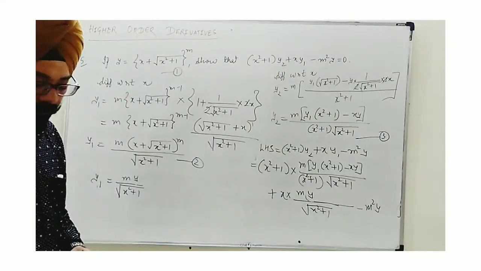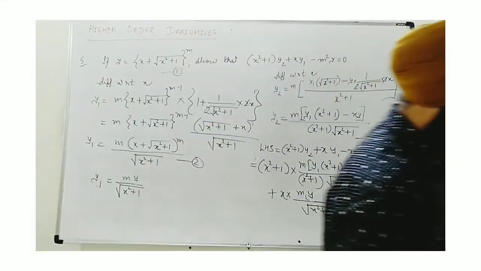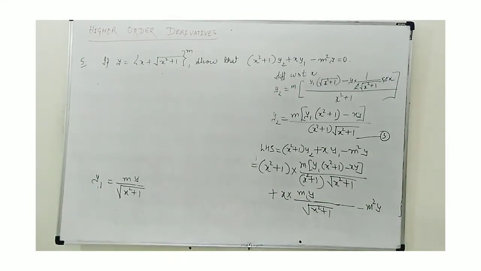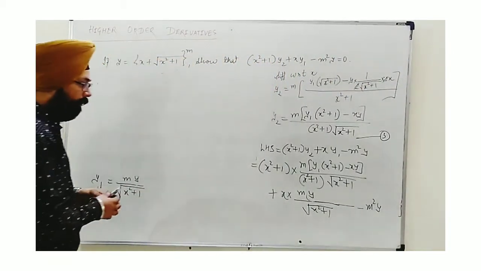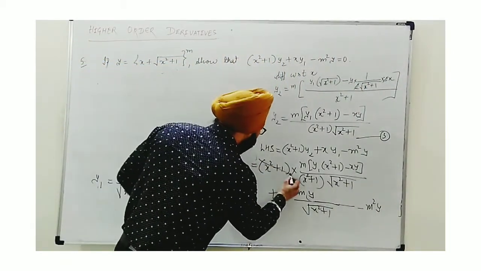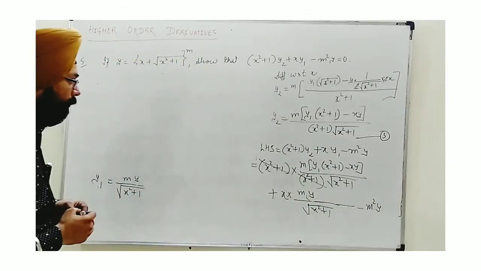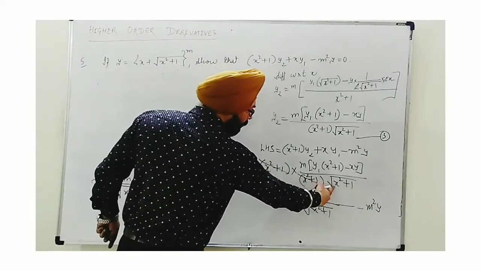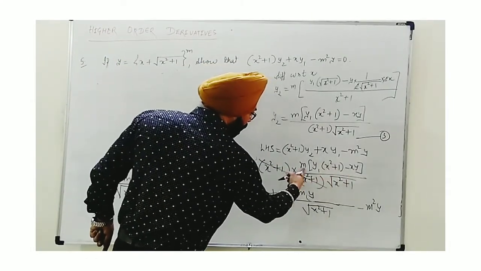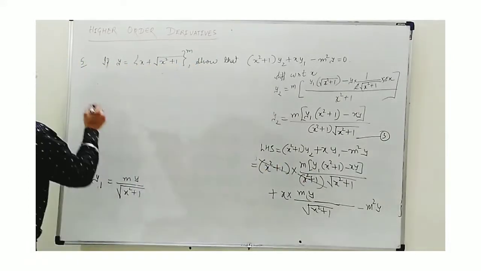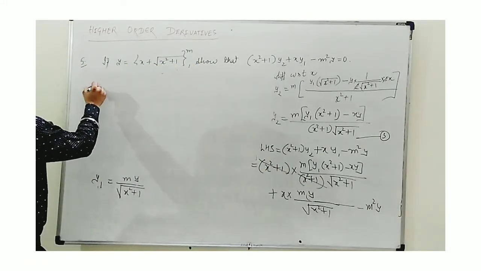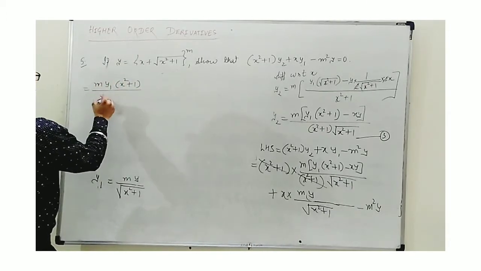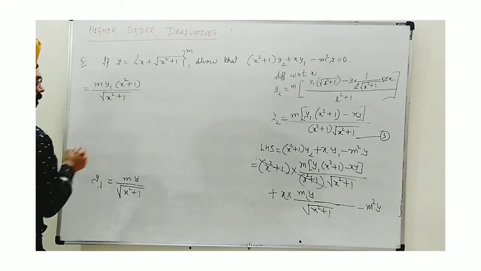Now after this much, we need to simplify. After this, these two brackets cancel out. And what else we can do? As I see, √(x² + 1) is in the denominator of these and m is in multiplication. We can open this bracket as m √(x² + 1) upon √(x² + 1).